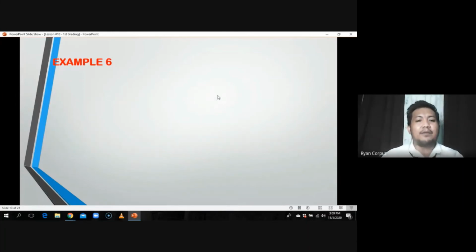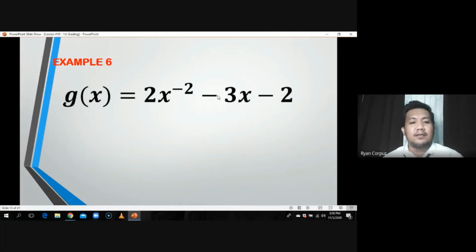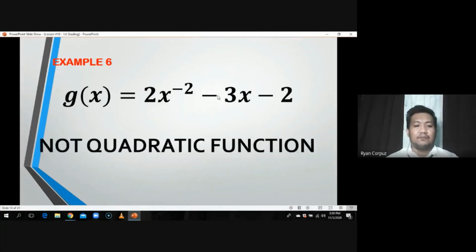So example number 6. The given is g of x is equal to 2x raised to negative 2 minus 3x minus 2. If you're going to analyze it, you'll find out that example number 6 is not quadratic function, for the reason that meron siyang negative exponent.